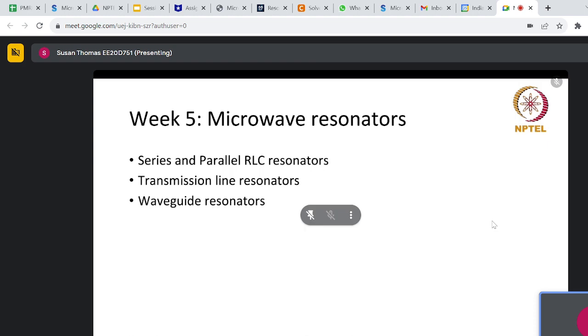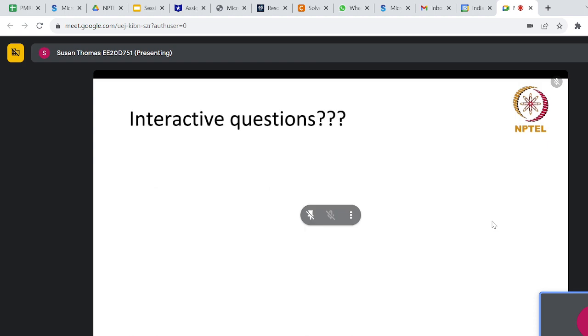Ultimately, the basic concept is: what is resonance, or what is the condition for resonance? Please comment in the chat box, or you can unmute yourself.